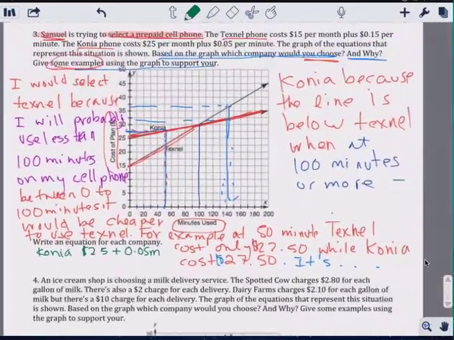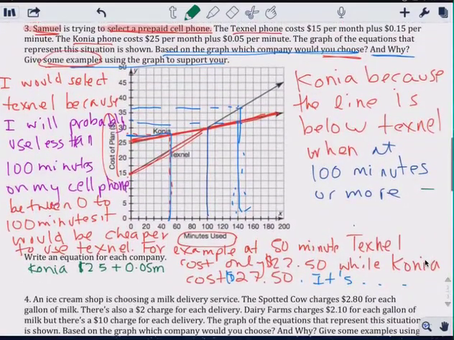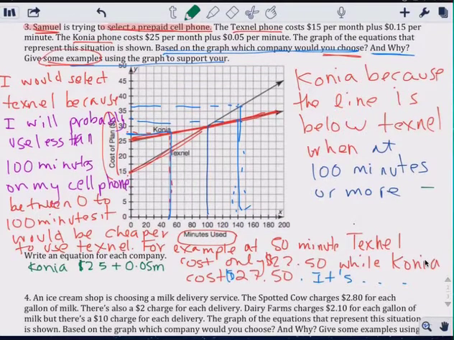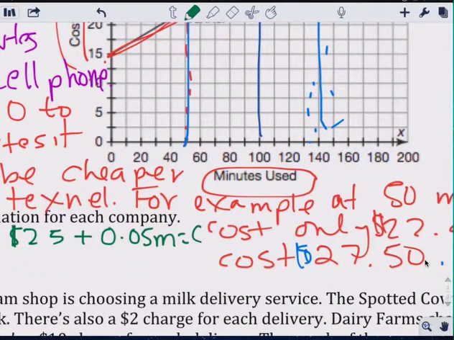It didn't tell you what letter to use, so that's what I'm using. It says write an equation, equals the total cost.